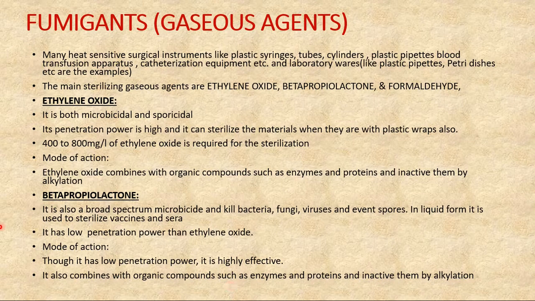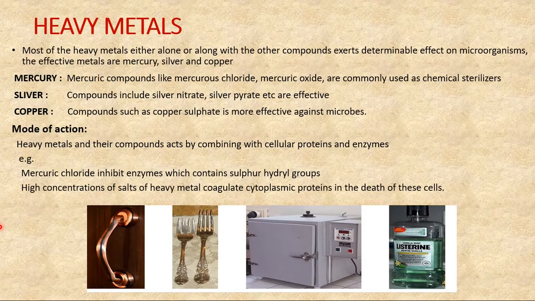Okay, then coming to the next type of disinfectant, that is heavy metals. Most of the heavy metals, either alone or along with other compounds, exert a detrimental effect on microorganisms. The effective metals are mercury, silver, and copper. You may have often heard that eating and drinking in copper vessels is very good for health.